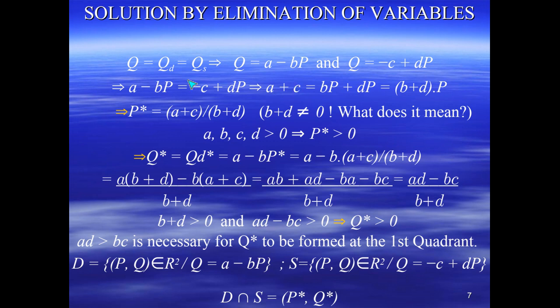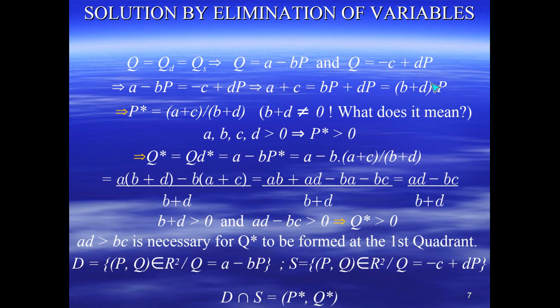So when we put minus C to the other side, it becomes plus C, you know. And when we put minus BP to the right-hand side, it becomes plus BP. So here we have A plus C equals BP plus DP.